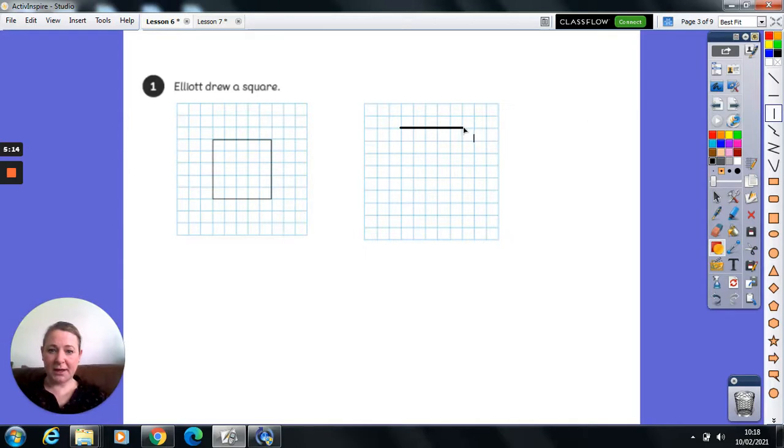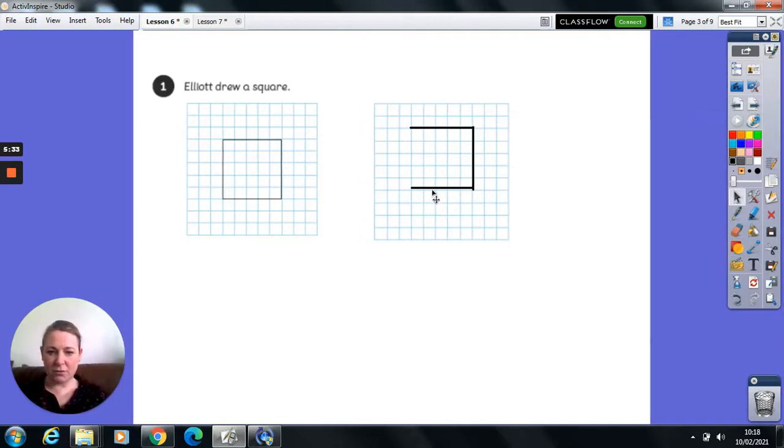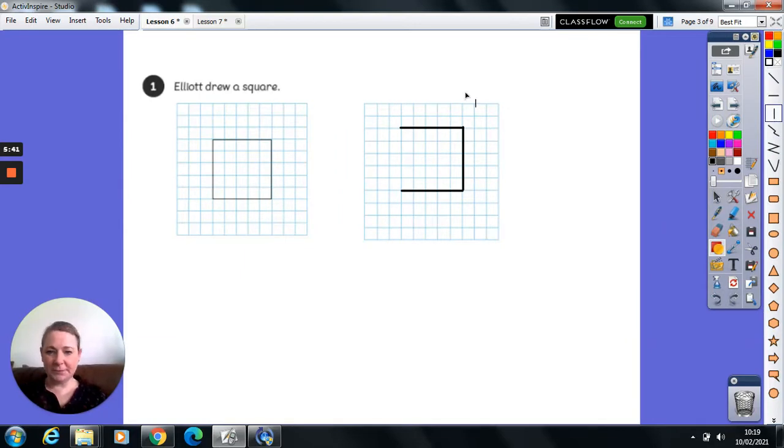I'd take my ruler and I would come down 5 squares, 1, 2, 3, 4, 5. Across now, 0, 1, 2, 3, 4, 5. Oh, apologies, that line is not quite as flush as I would like it to be. And then finally, I can join those two up. And although I've done it in a slightly different position on the grid, can you see I've made exactly the same shape?